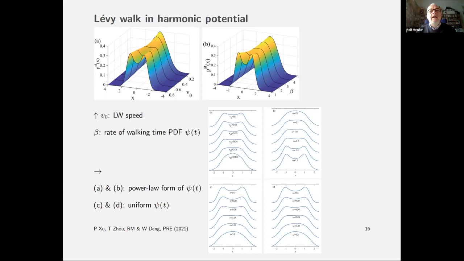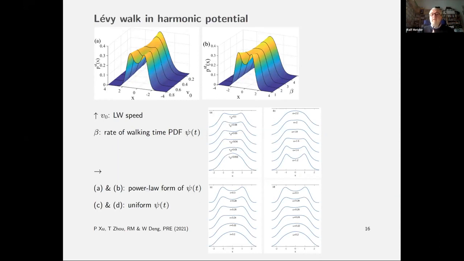Perfect, thanks. So the final few words I want to just mention, I will not be able to talk about this in detail, but we also see multimodal states in Levy walks. Levy walks, as many of you know, are spatio-temporally coupled processes.